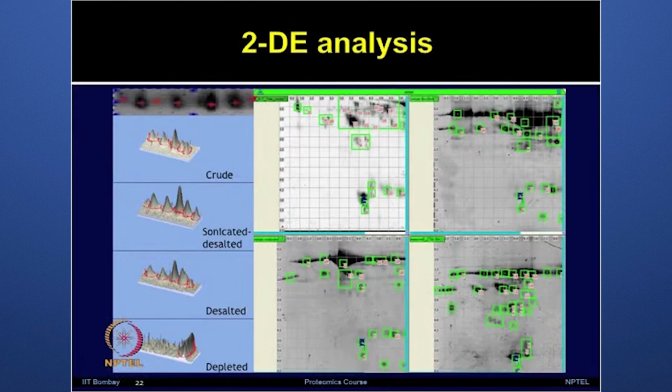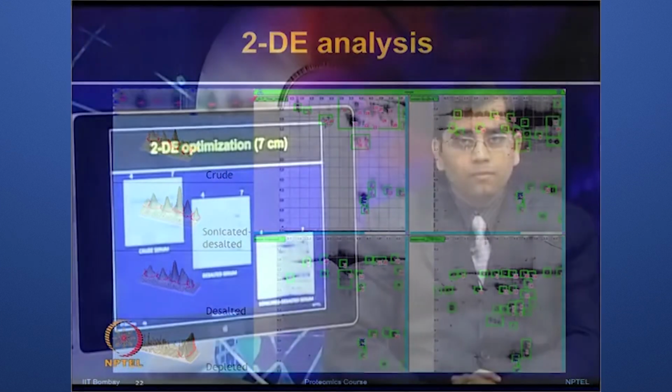We tried various effects: crude serum alone, sonicated and desalted, desalted alone, and depleted and desalted, and then tried to compare the effect of these types of processing on overall proteome coverage.